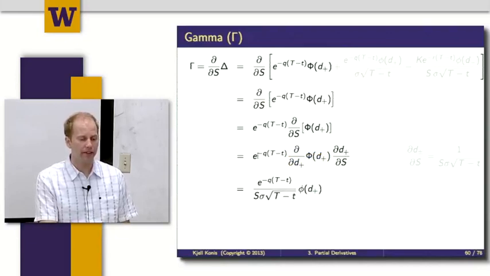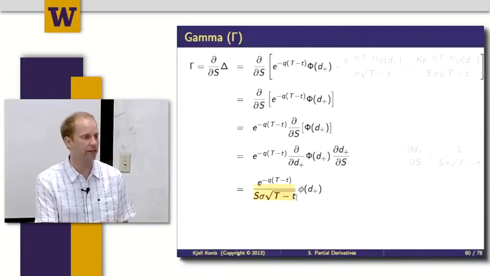So what I'm left with is the e to the minus q(T minus t) that I had out here, the 1 over s times sigma times the square root of T minus t that came from the chain rule, so that's in the denominator in the front here, and then the lowercase phi of d plus, which was just the derivative that I got here.